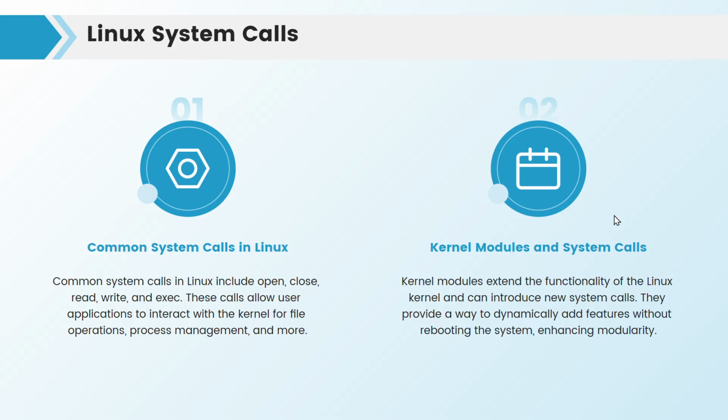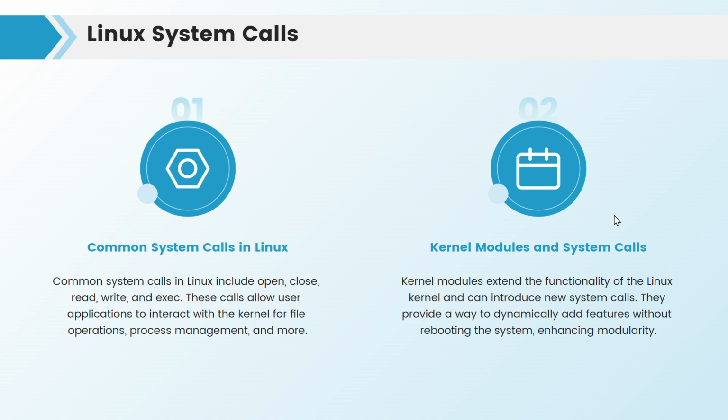Case studies. Linux system calls. Common system calls in Linux include open, close, read, write, and execute. Open is used to open a file, and close will close a file. Read will read the data in the file.